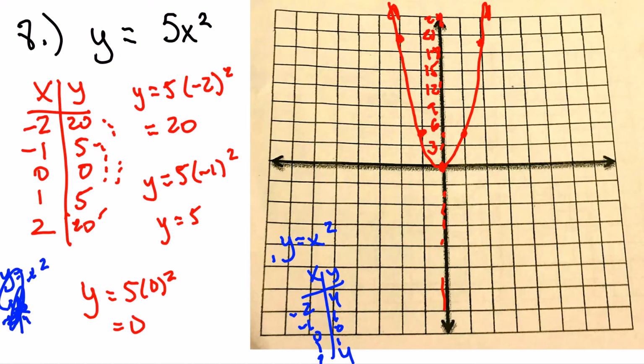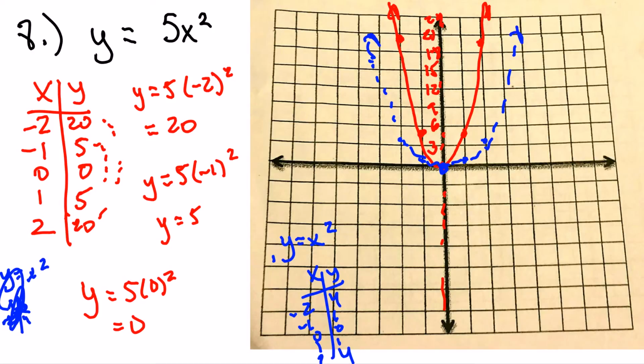So I'm just going to put that in. It's not really there. It's just for comparison purposes. So I go right 1 up 1, right 2 up 4, left 1 up 1, left 2 up 4. It's just to compare, and I put a dotted line here because it's not really there.